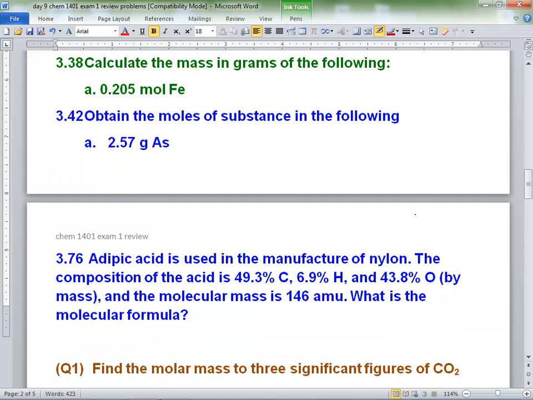How about something like this? Calculate the mass in grams of the following and give your answer to the right number of sig figs. Let's stick with that. How do you do this? Erica, you remember?